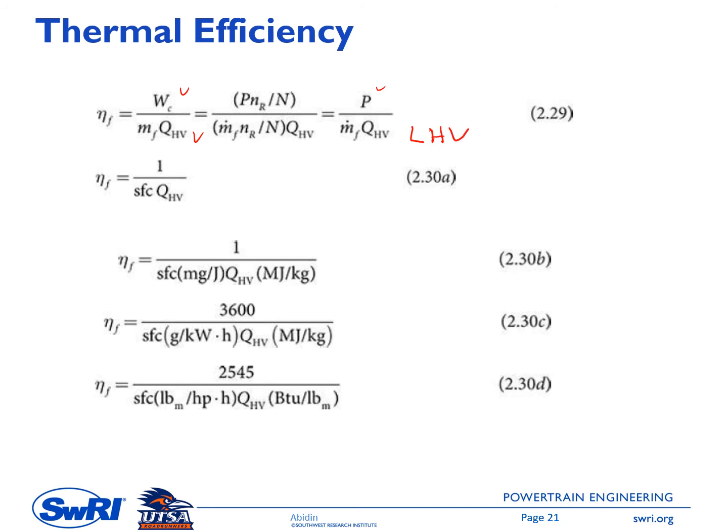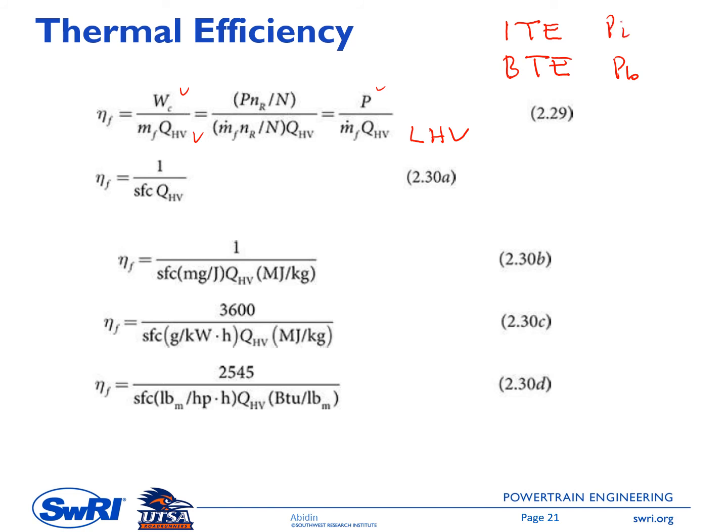I think we have discussed this lower heating value along with higher heating value in Thermo 2. Depending on whether P here is indicated or brake, you might have ITE, indicated thermal efficiency, or BTE if it is brake.